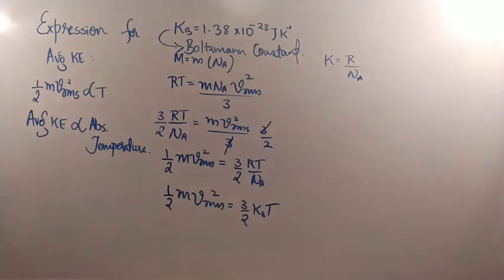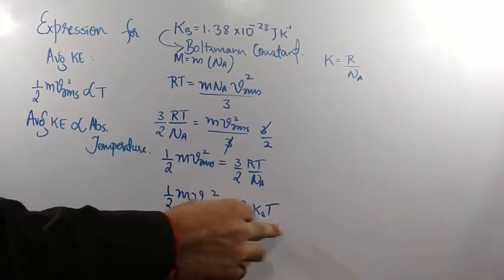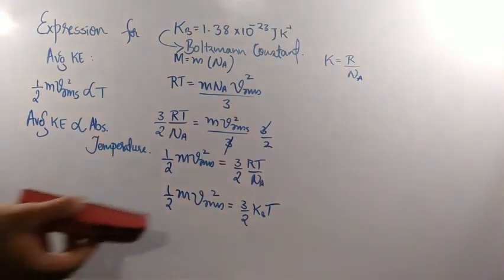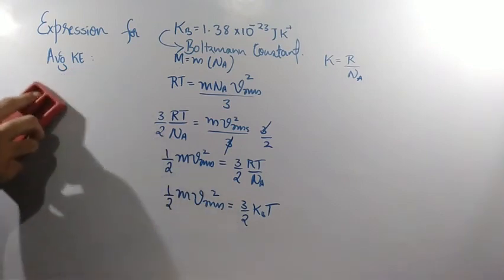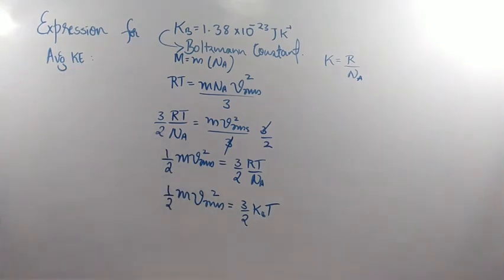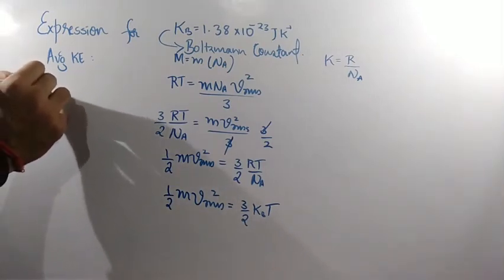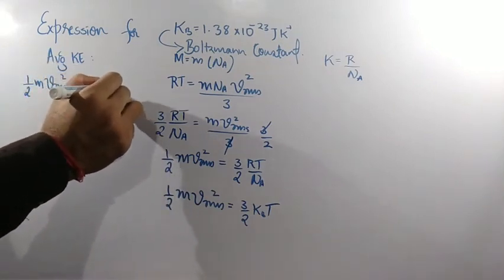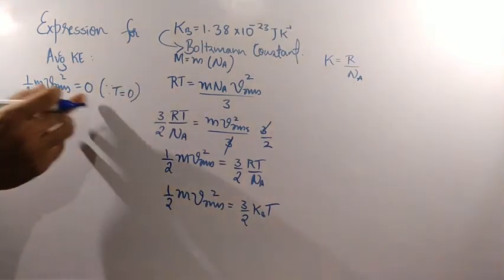Now in this term, half m Vrms square equals 3 by 2 k_B T, if the temperature is 0 Kelvin, then what will be our right hand side? 3 by 2 k_B into 0, which is overall 0 only. So half m Vrms square will be equal to 0, because the temperature is kept at 0 Kelvin. What is the meaning of this?